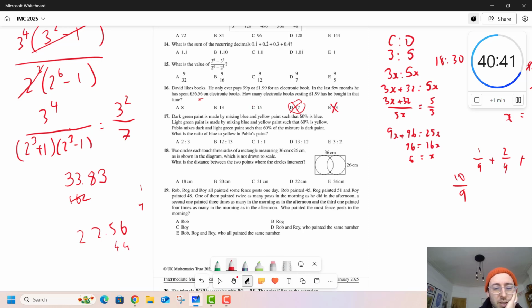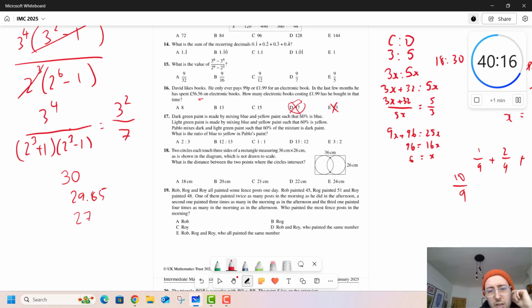So 15 times £1.99 is 30 minus 15p, so it's £29.85. So now he needs to spend another £27, but £27 would get him to 56.85. But then that's minus 27p. I don't think that's right either.